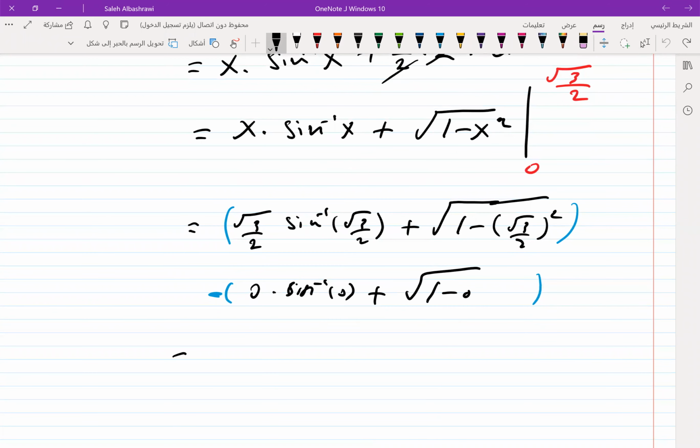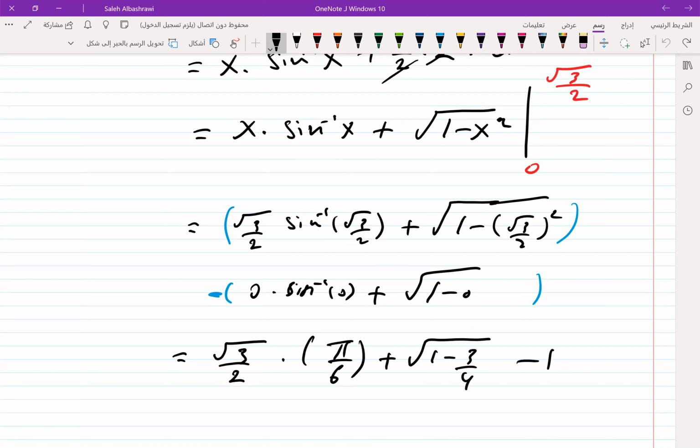So this is equal to square root of 3 divided by 2 times sine inverse of square root of 3 over 2, which is pi over 6, plus square root of 1 minus 3 over 4, minus 1.